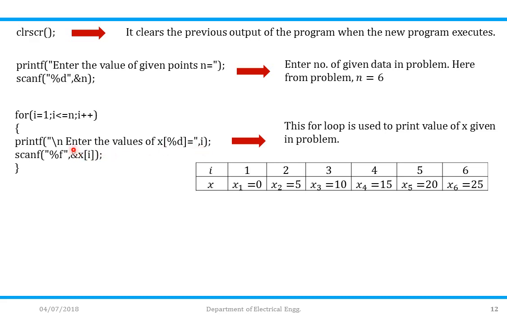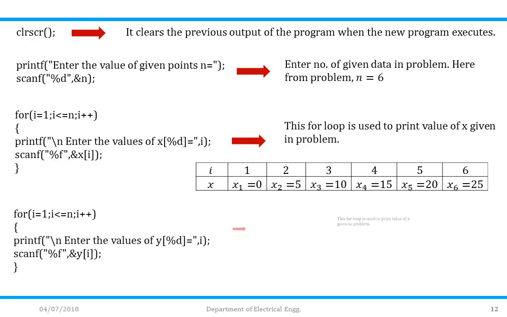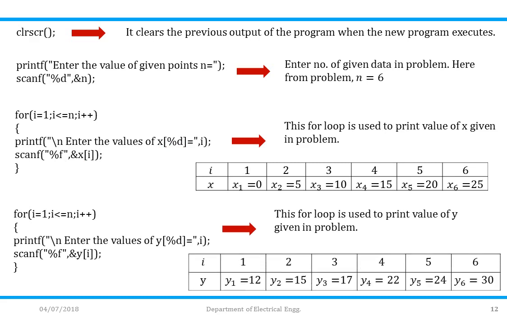This statement will print as enter the value of x1 for i equal to 1, enter the value of x2 for i equal to 2. Now, as x[20] is a single dimensional array which is taken under float, so that's why here we have written %f. Similarly, we can write a for loop for entering the values of y from y1 to y6.